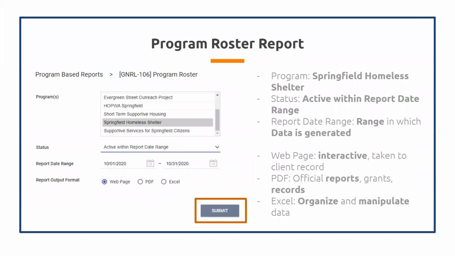For this training, we'll use active within report date range. I'm going to do 10/1 to 10/31 since that was when we enrolled our client to our project.